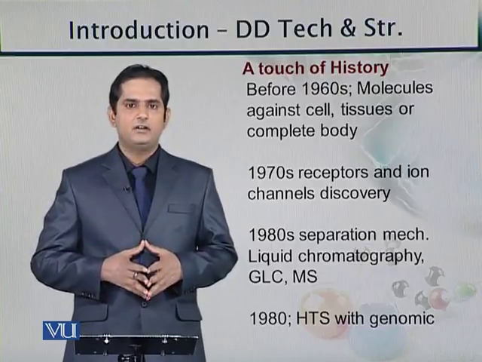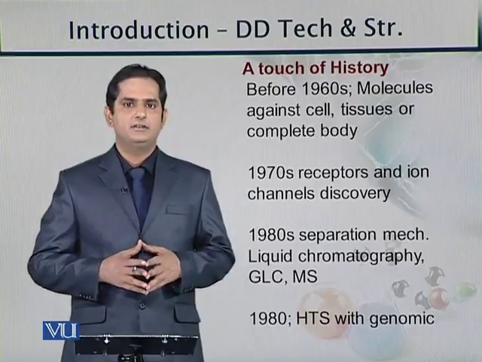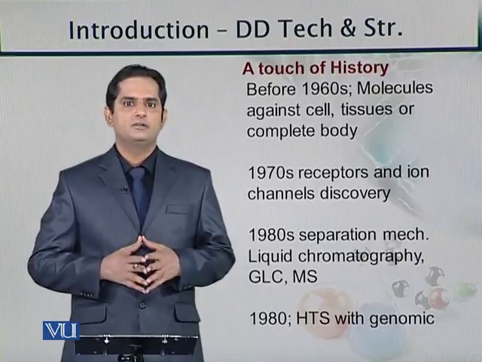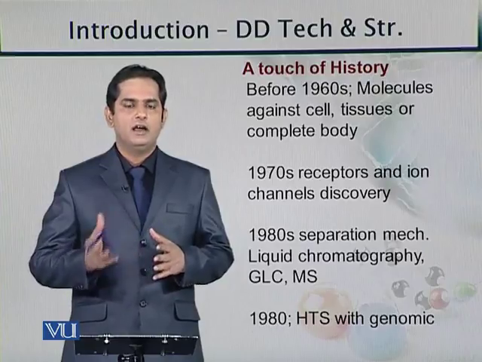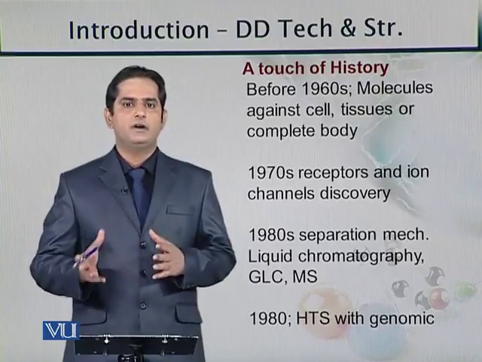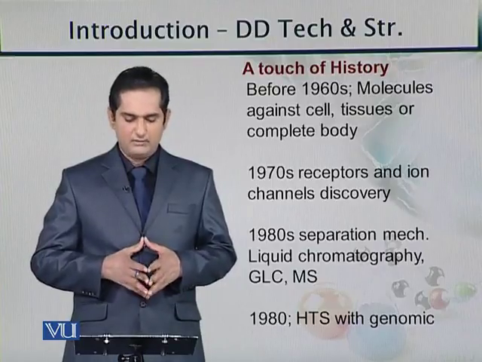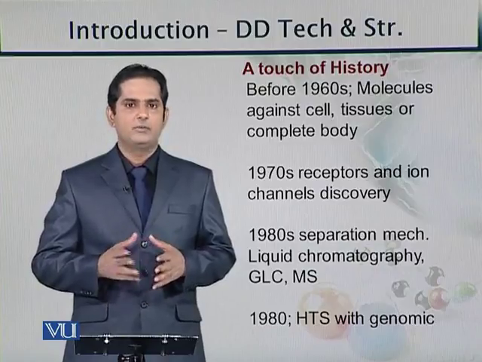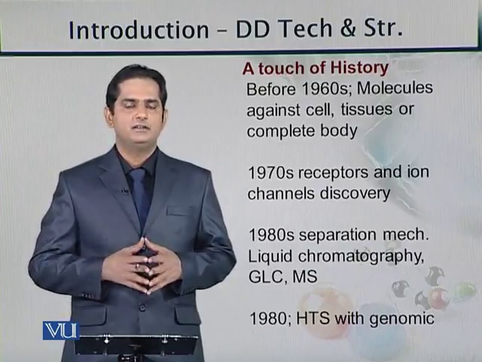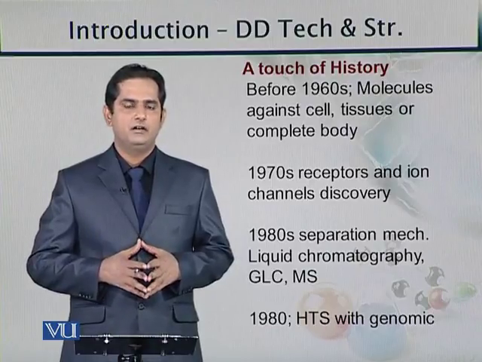In the 1970s, we saw the emergence of mechanistic diseases or devices, which were basically different receptors and enzymes which helped us to identify different parts in the molecules. Later on in the 1980s, we got separation mechanisms such as liquid chromatography, GLC, basically gas liquid chromatography, and mass spectrometers.